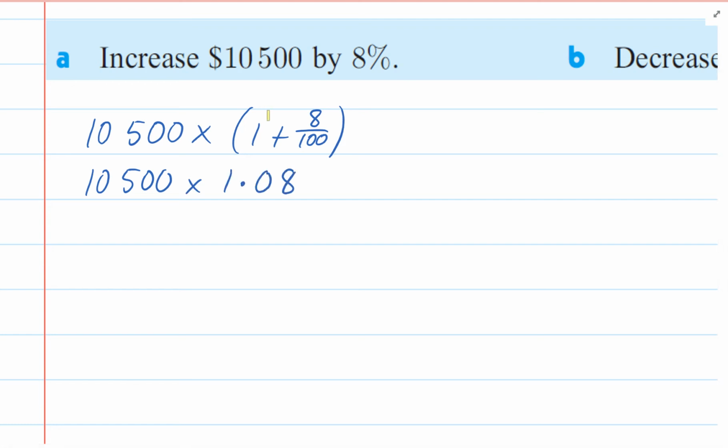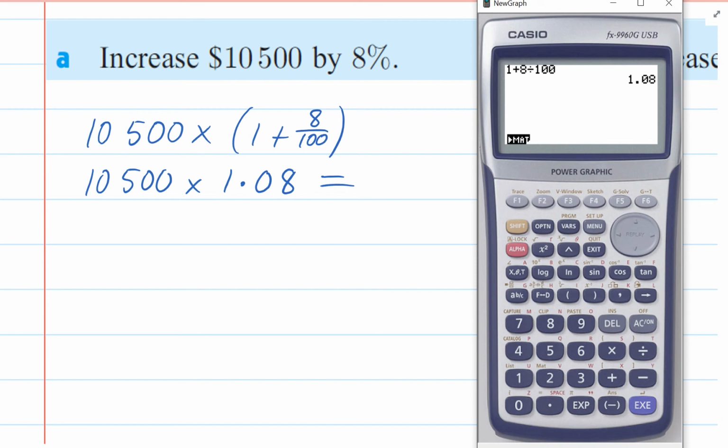So actually you don't need to write this as you're working each time. It's enough just to go straight to this decimal. Okay? Anyway, once you've got that expression, you can put that into your calculator. So we can go 10,500 times 1.08, and that gives us 11,340.